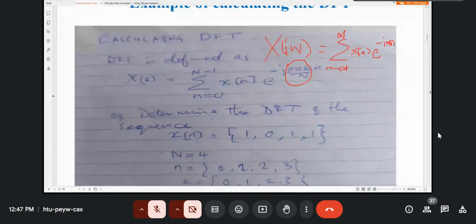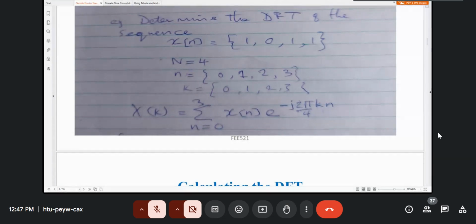So for N equal to 4, the domain of small n is 0 1 2 3, and k is also 0 1 2 3, because it moves from 0 to N minus 1. Now we know what N is.